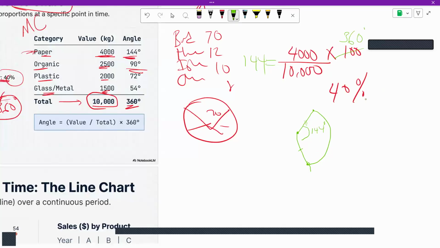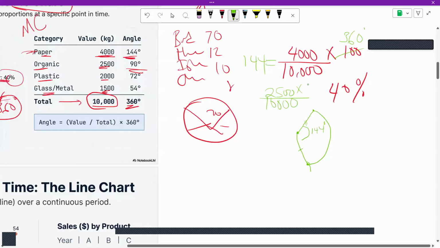Next, organic: 2,500 over the 10,000 total, into 360. It is equal to 90, so take 90 degrees.